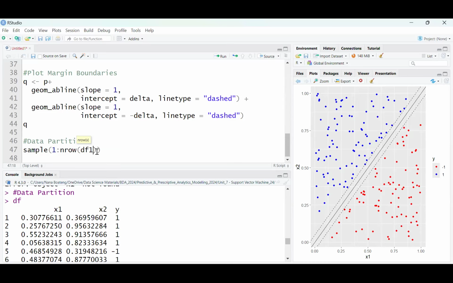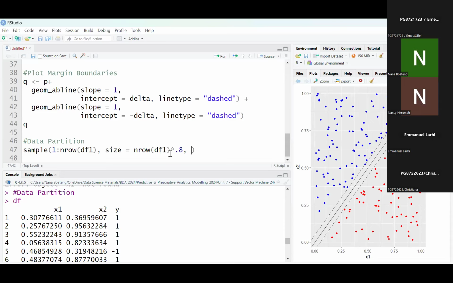Now, what size are we going to use? Let's do a split of 80-20. So we take our number of rows for the DF1 and multiply it by 0.8. Now we don't want to do sampling with replacement, so for replace, we say false, so that the other 20 percent will go into our test data. So let's call this data split.